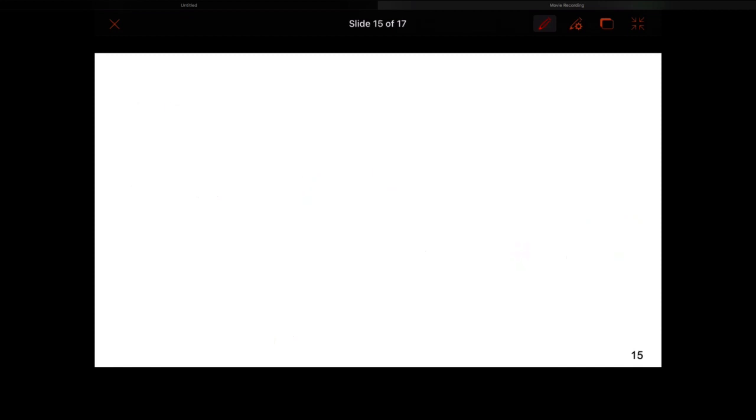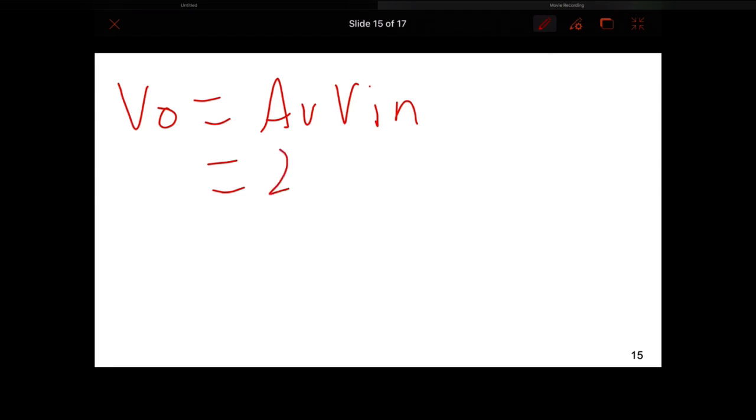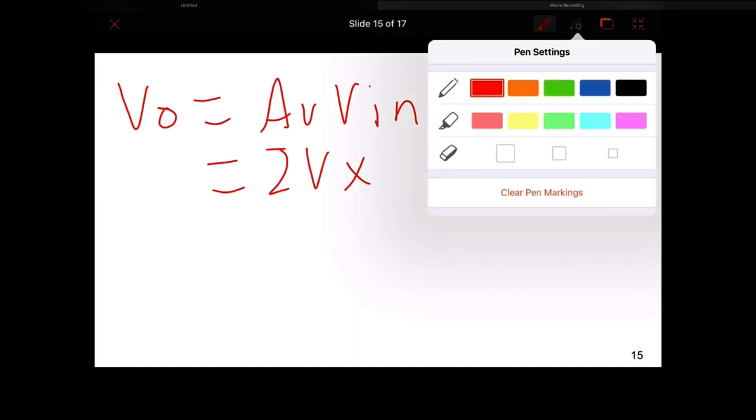So the output voltage VO is going to be AV times Vin. This is RMS, 2 volts.